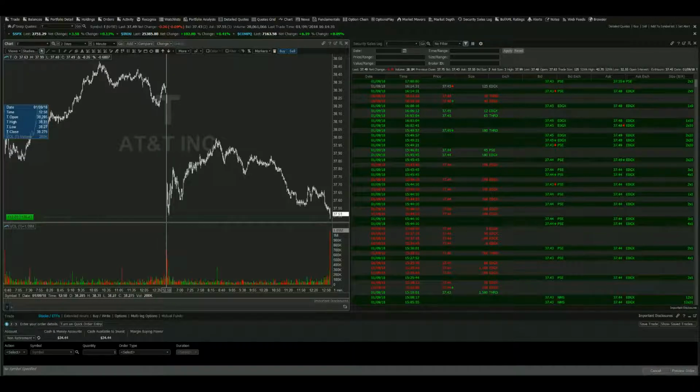And then when it opened, it was down in the $37 range. But down here at the bottom, you can see the trade volume, and the red indicates that there was a massive sell. So we could see that the trading volume was very high. It was much higher than normal, where the trading volume may break around 100,000 shares traded.